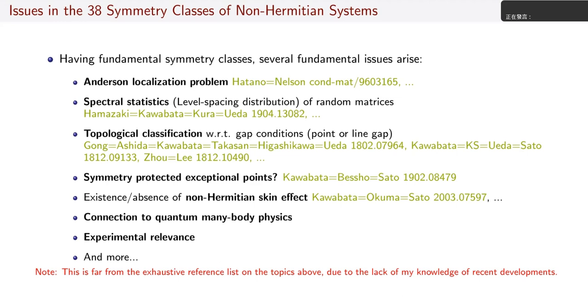And of course, we have to apply this kind of mathematical theory to experimentally relevant setups. So this reference list is very limited because of my lack of knowledge. Actually, currently I don't study non-Hermitian physics.